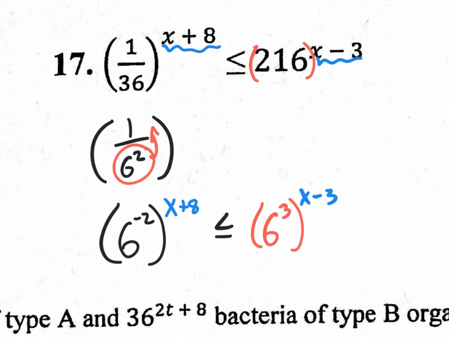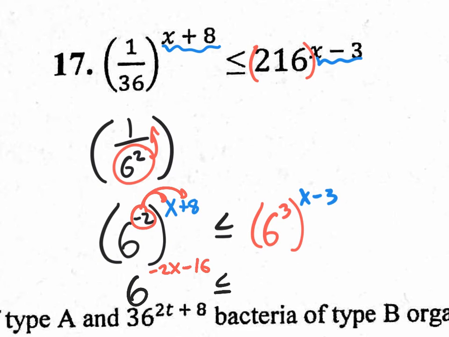So what we really have now is the same base 6 on both sides. So let's distribute up here and distribute up here and get our new equation without those bases of 6. So let me distribute negative 2 times x, that's negative 2x. Negative 2 times positive 8 is negative 16. And that is, of course, the power of base 6, and you still have the less than or equal to.